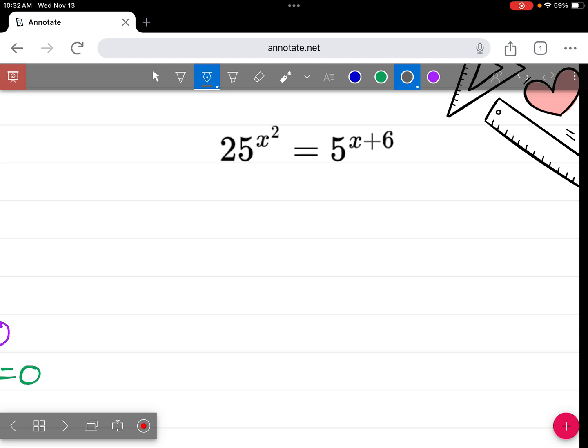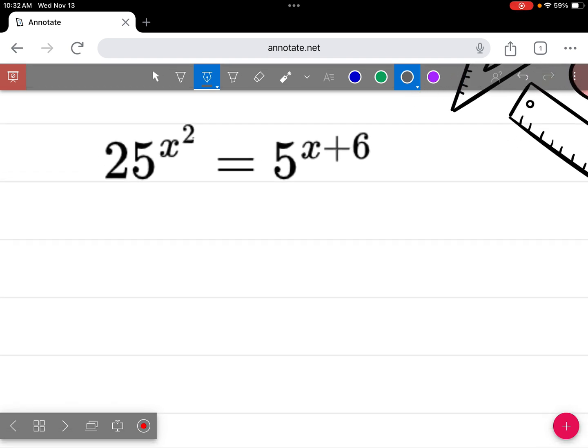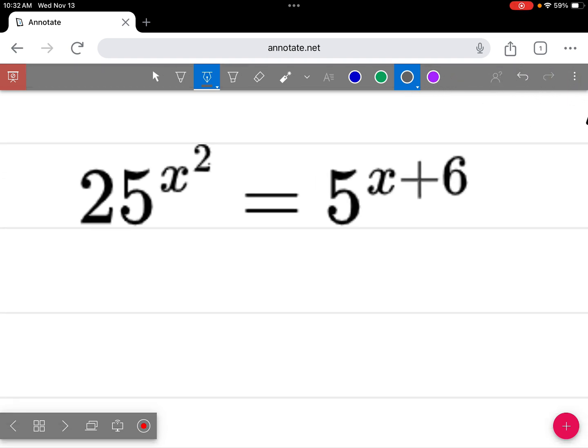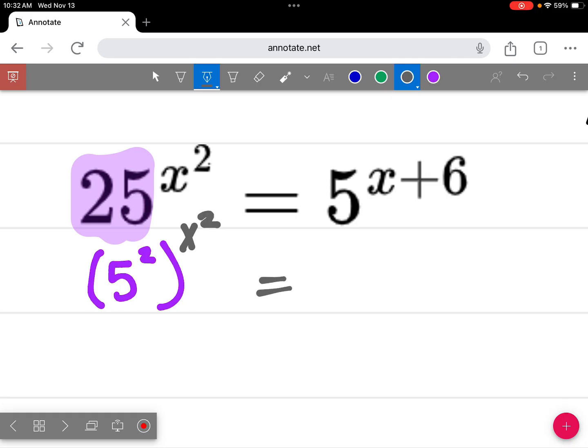Same kind of vibe. What do I need to do on the right-hand one? We're going to make the 25 into a 5 squared. So this guy's going to be 5 squared to the power of x squared, and this side is 5 to the x plus 6.